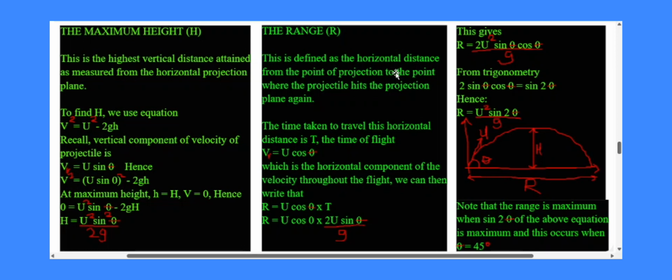Range is defined as the horizontal distance from the point of projection to the point where the projectile hits the projection plane again. This is the point of projection where the object is thrown at an angle to the horizontal, to where the projectile hits the projection plane again.